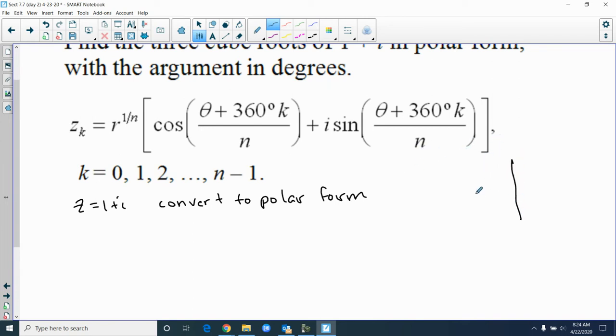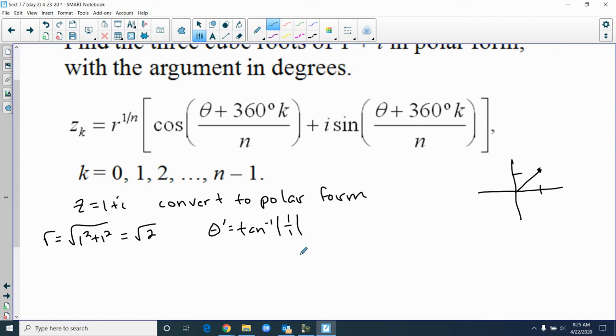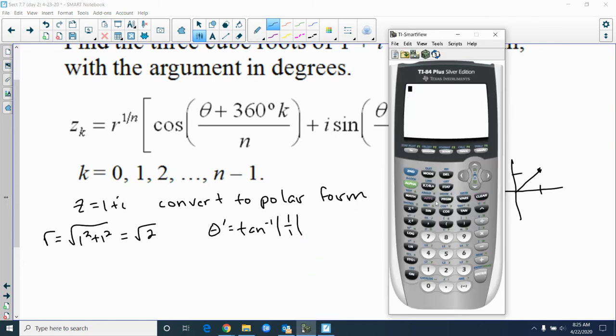Well, 1 plus i is going to be in the first quadrant. Your r value is going to be the square root of 1 squared plus 1 squared, which is going to be square root of 2. Our reference angle is going to be the inverse tangent of the absolute value of 1 over 1, or just 1.